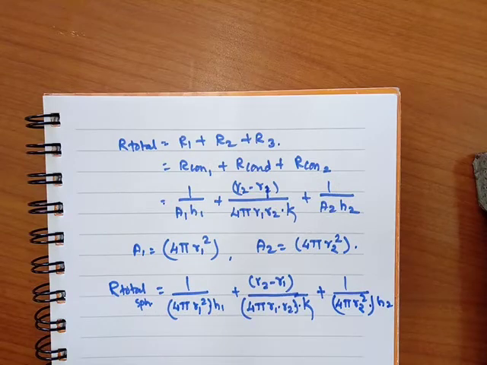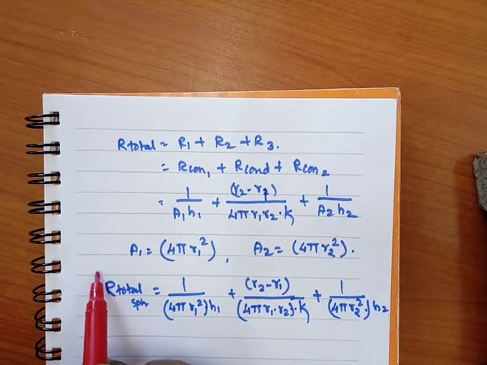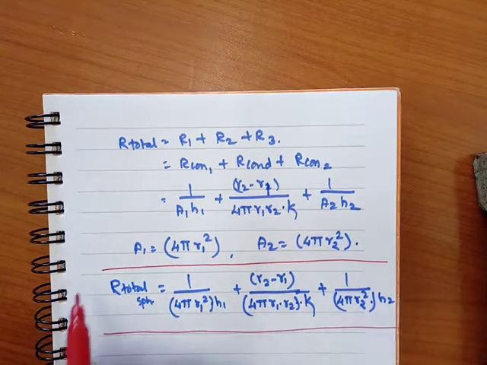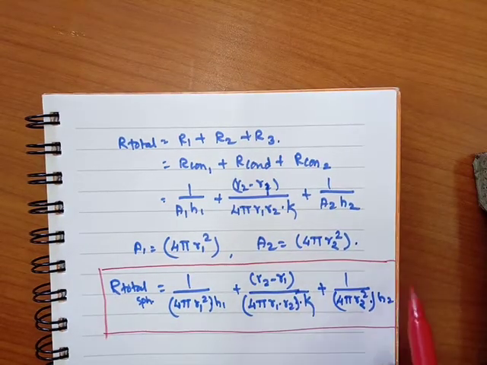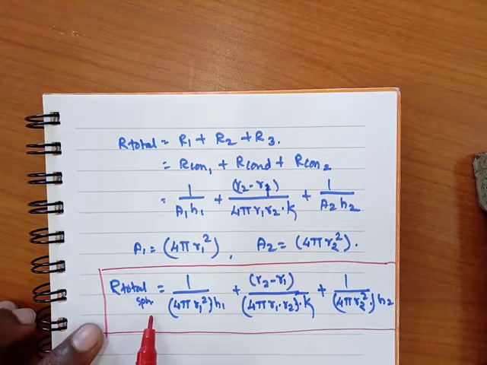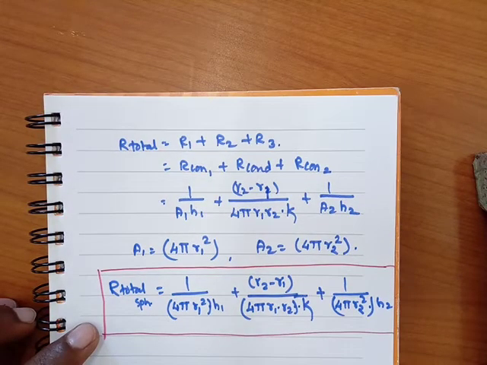Okay, so we consider convection heat transfer inside of the sphere and convection heat transfer outside the sphere. Then total heat transfer we will find out by using this one. We substitute this value in the heat transfer formula, we will get the answer.